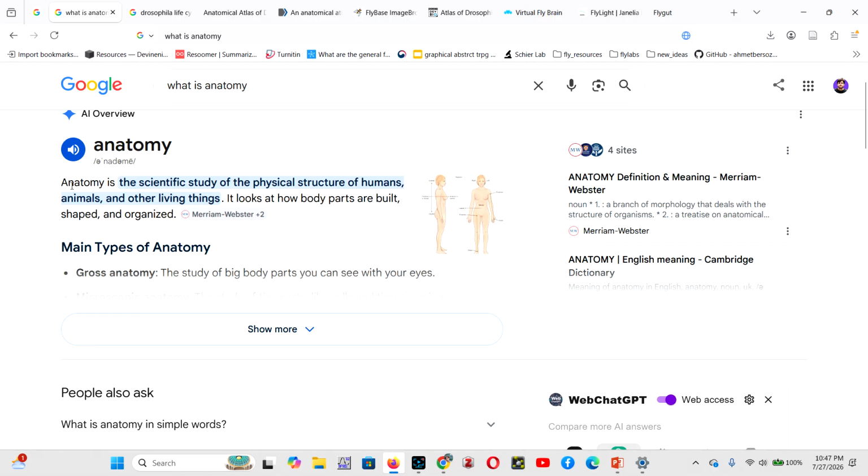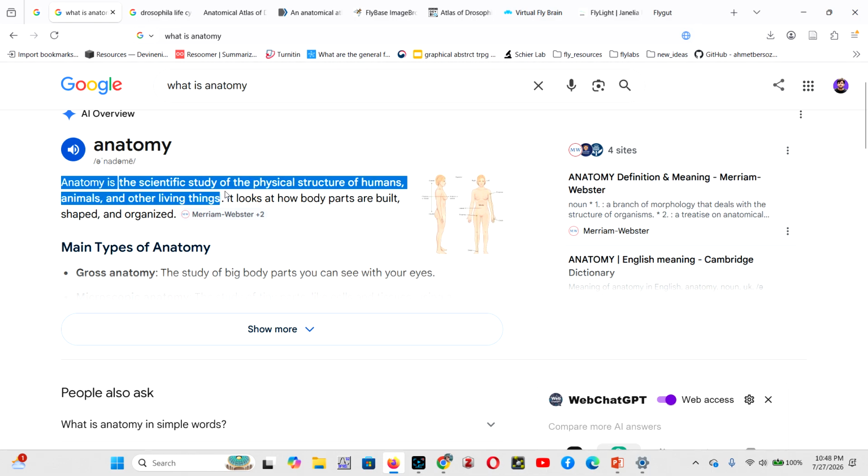What I'm trying to do is give you an idea that biology or life sciences is all about terminologies. The first challenge for any life science student is to understand the meaning of terms. So, first of all, anatomy is the scientific study of the physical structure of humans, animals, and other living things, and it looks at how body parts are built, shaped, and organized.